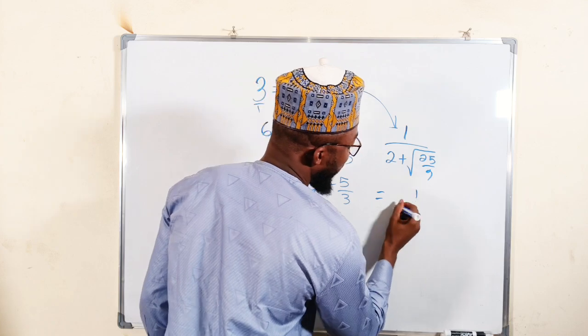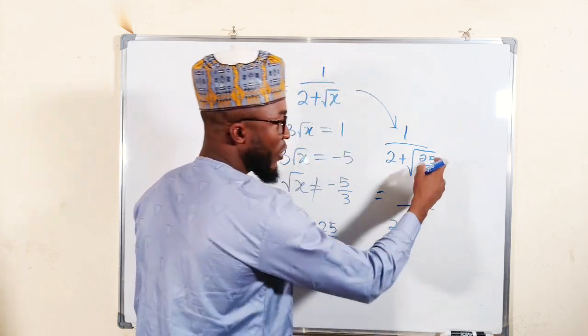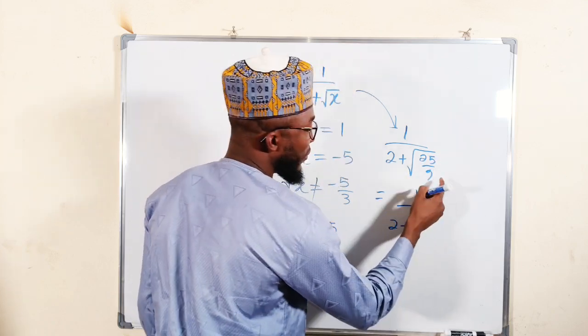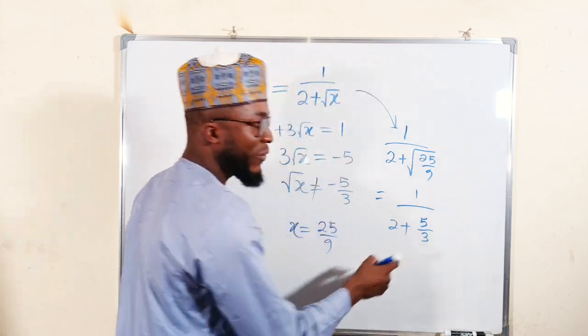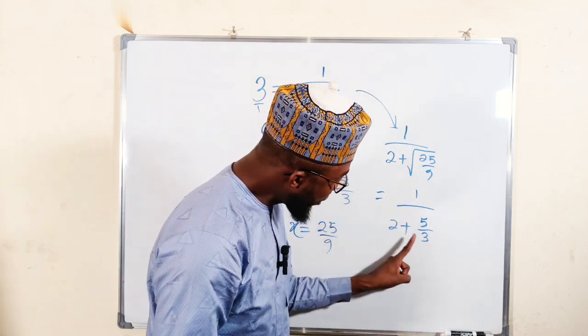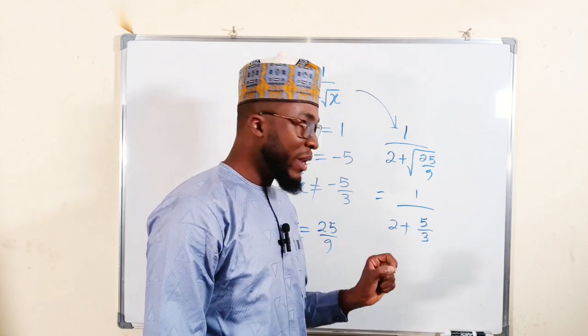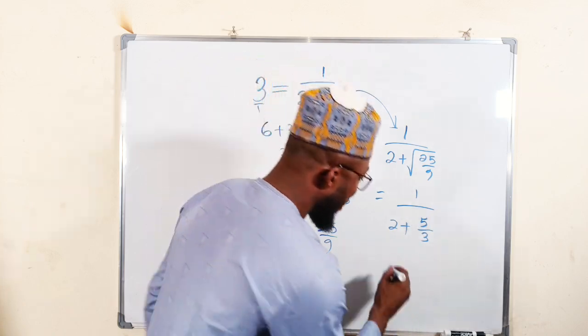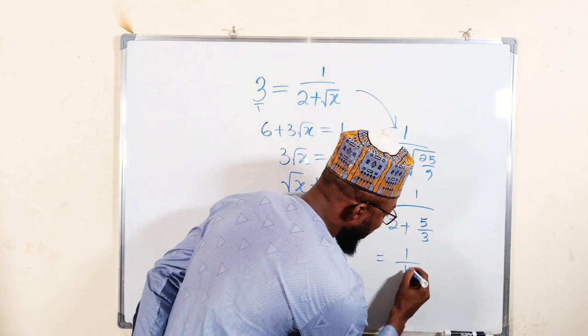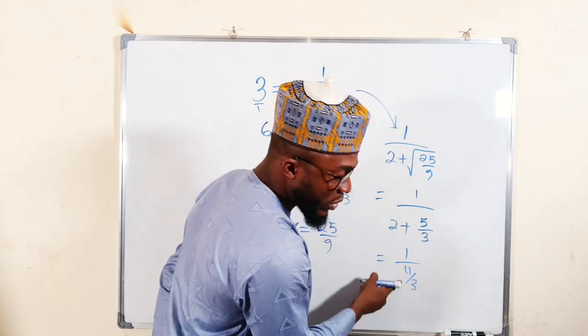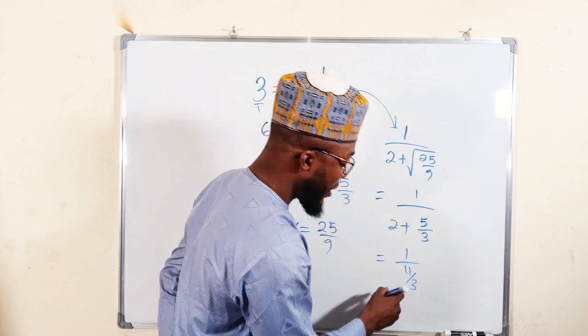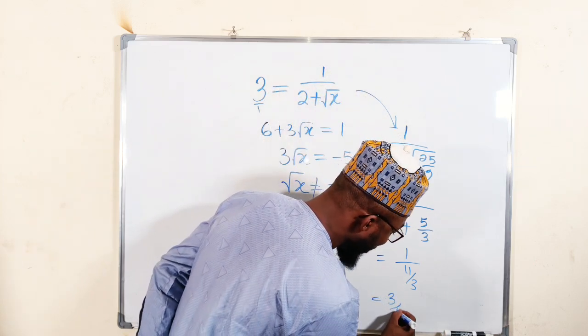This is 1 divided by 2 plus square root of 25 is 5, square root of 9 is 3. Let's simplify the bottom. We have 3 times 2 is 6. 6 plus 5 is 11. So we have 11 over 3. So this is 1 divided by 11 over 3. Reciprocal of 11 over 3 is just 3 divided by 11.